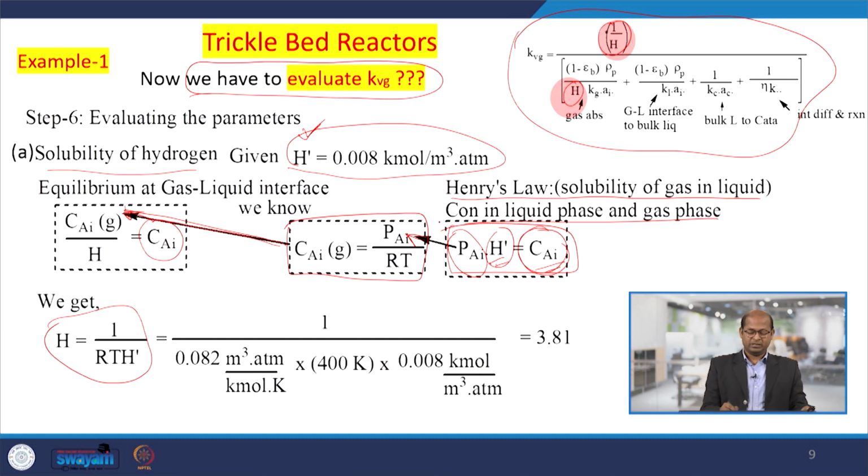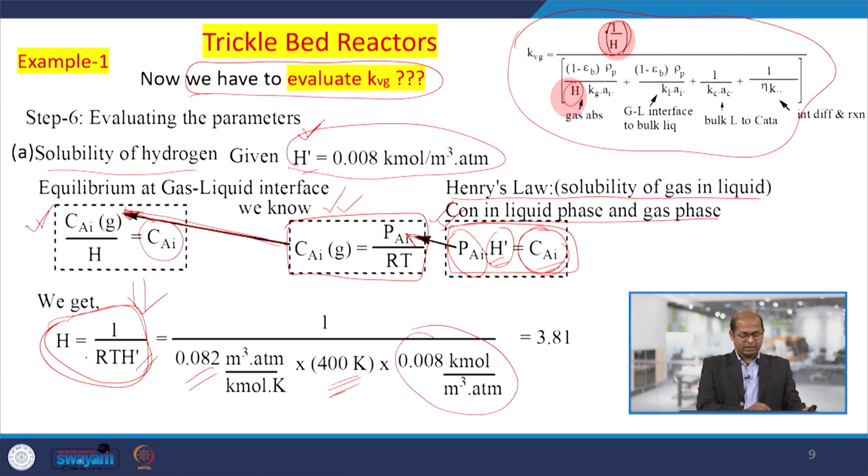So, from this and this, if you substitute one by one, then how H and H prime are related with temperature and gas constant, you can get from here. Here the R value is this, and the temperature is 400 Kelvin at which the reaction was conducted. So, the solubility is also at that particular temperature. We know H prime value is given, we can put it here, and then capital H we get is 3.8. So, in these equations the H value we can put, that is 3.8, the numerical value.